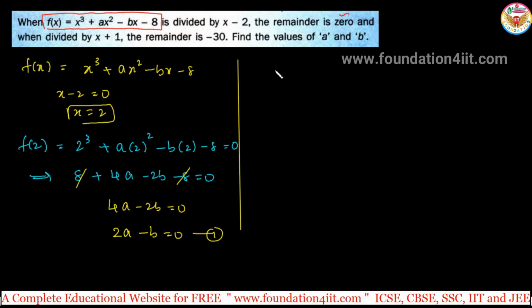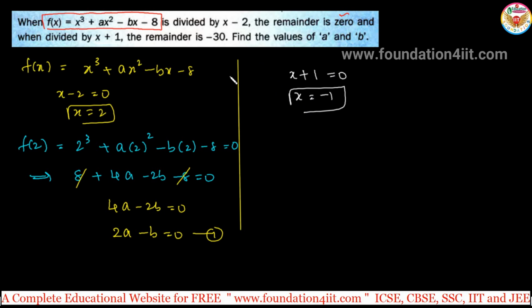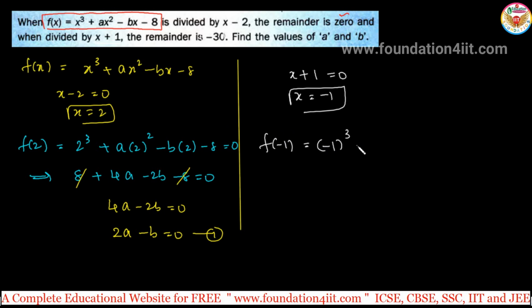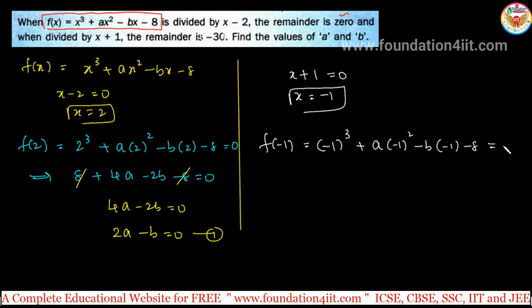Same way we can find out here. Next, when divided by x plus 1, x plus 1 is equal to 0, so x is equal to minus 1. In this case, the remainder is minus 30. So f of minus 1 is, in the same function, minus 1 cube plus a into minus 1 square minus b into minus 1 minus 8. That value should be equal to minus 30 because the remainder is minus 30.